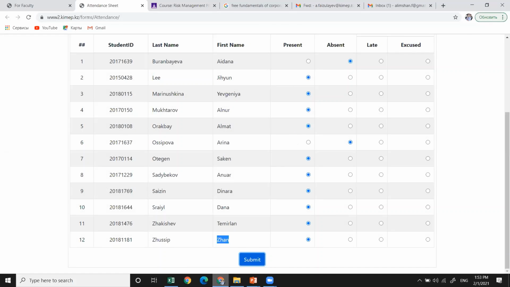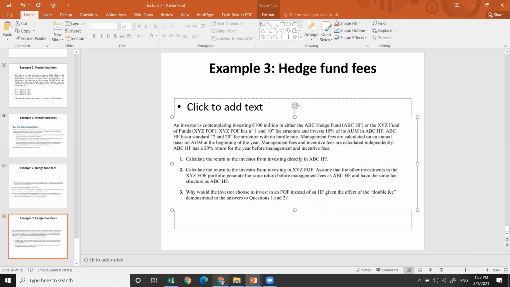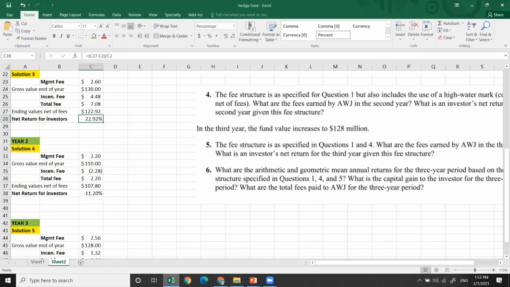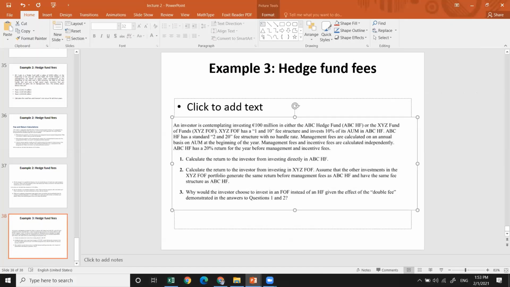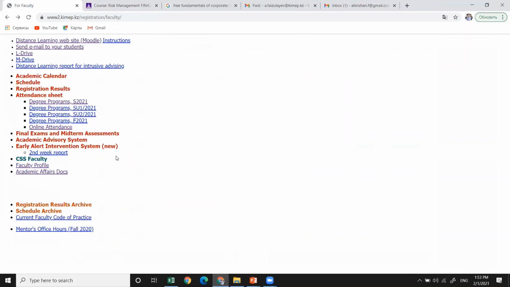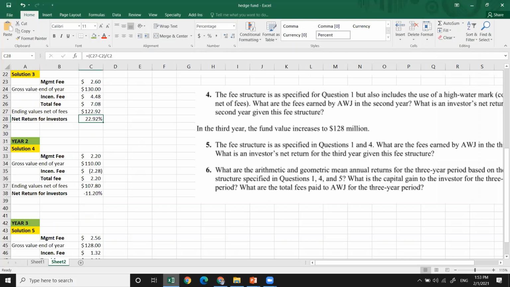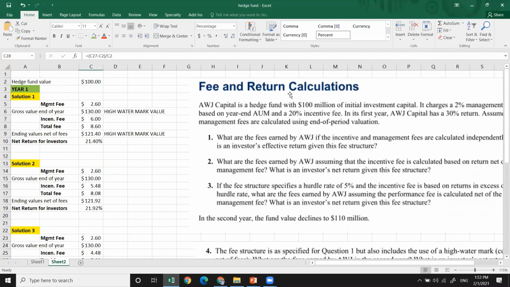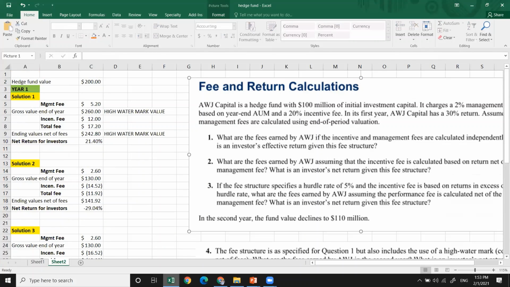Now, if you want to get practice, we have about 20 minutes. In these 20 minutes, I want you to open the Excel files and do the same thing, but the value will be 200 here.